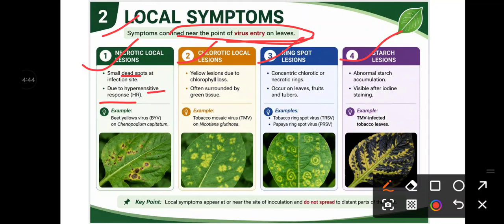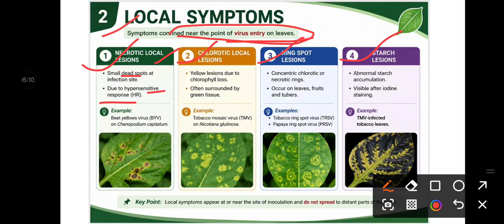This is actually the response of the plant to infection by the pathogen. Due to the oxidative stress, cell death or cell necrosis occurs, due to programmed cell death. This is to restrict the pathogen. So the first example of local symptom is necrotic local lesion.